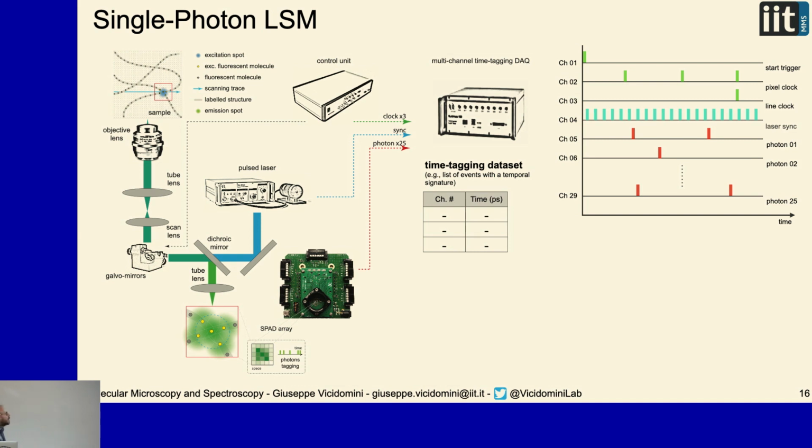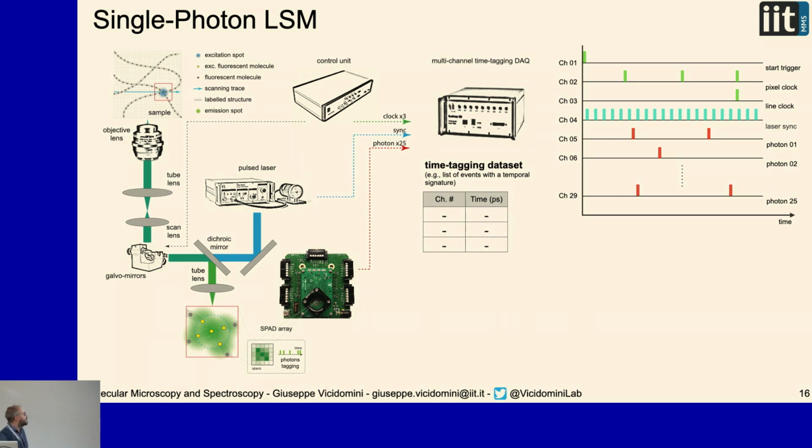Now, as I told you, I have a way to collect fluorescent light photon by photon. The detector provides me the signal photon by photon, but I also need to register this signal photon by photon. Specifically, what I need to do is to use a data acquisition card that is called time tagging.